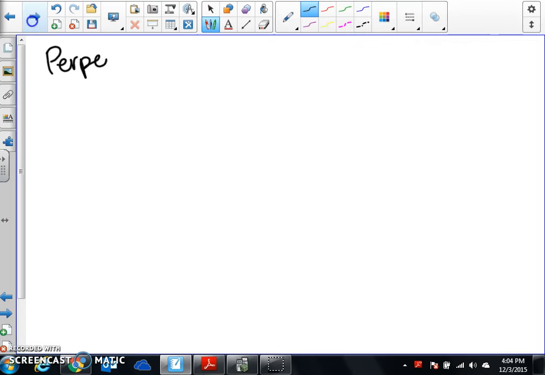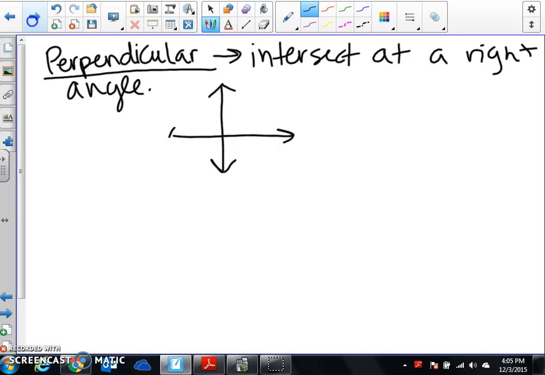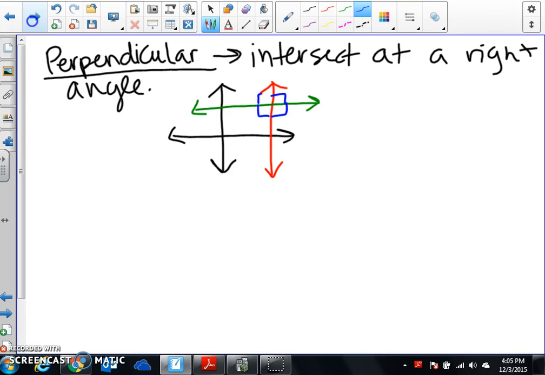Perpendicular means they intersect at a right angle. So if you see, this line would be perpendicular to this line because their intersections are at 90 degrees.